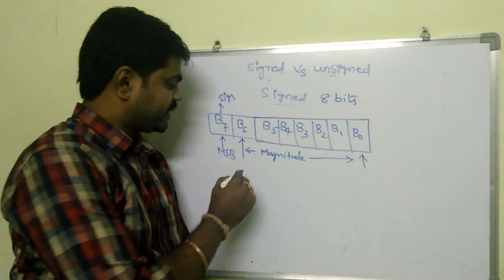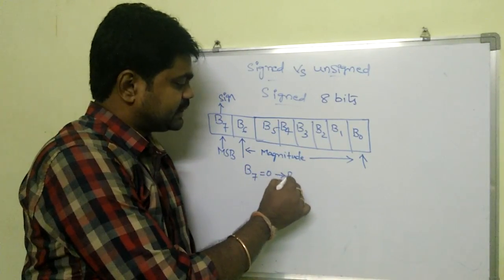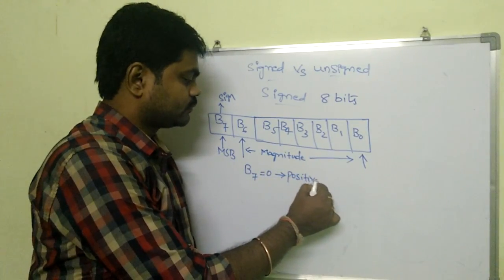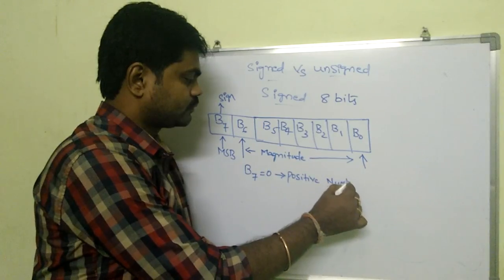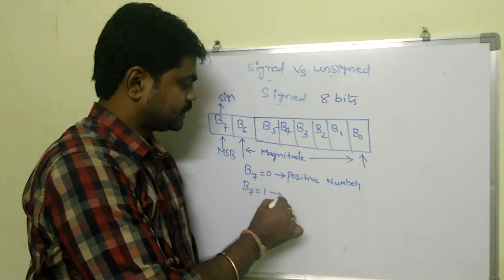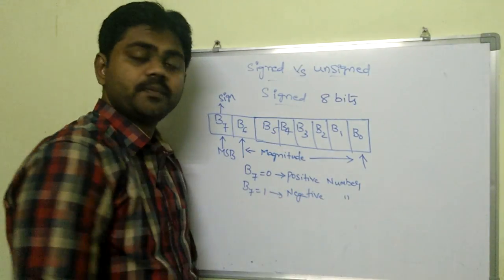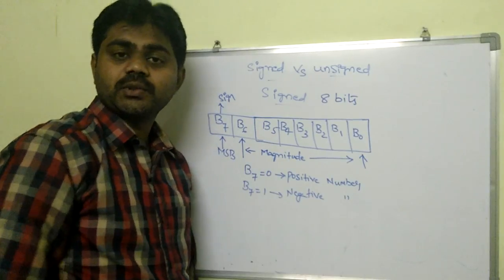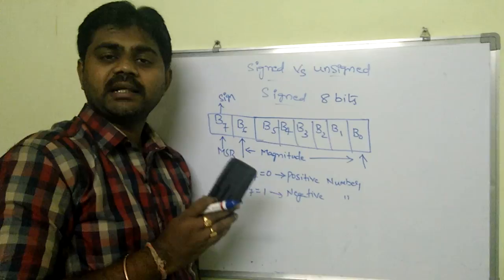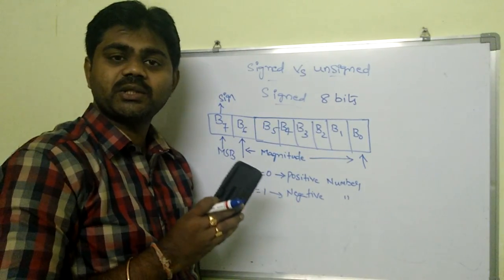If B7 equals 0, this is a positive number. If B7 equals 1, this is a negative number. So I hope you understood. B0 to B6 are called the magnitude, and the most significant bit decides whether the number is positive or negative.